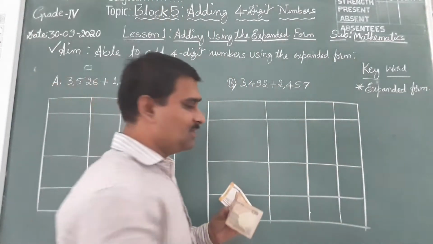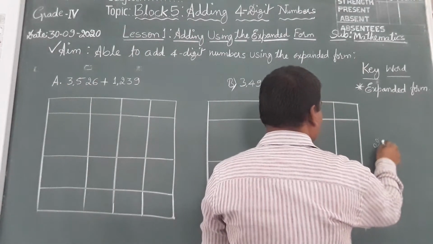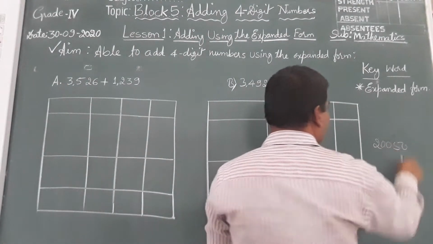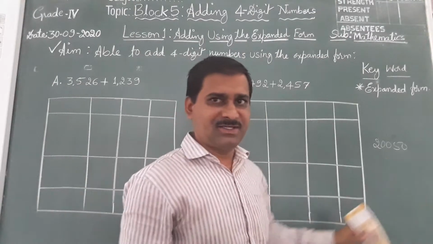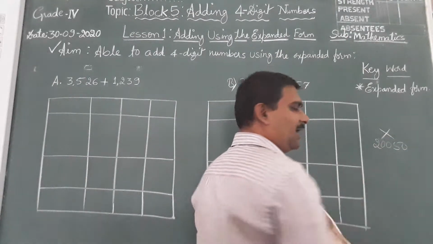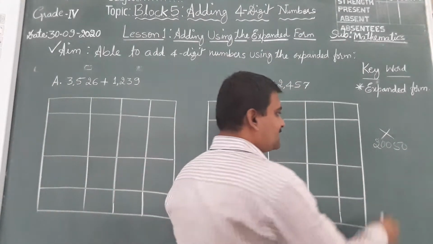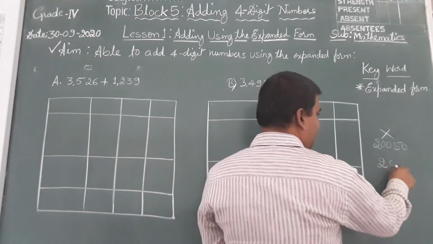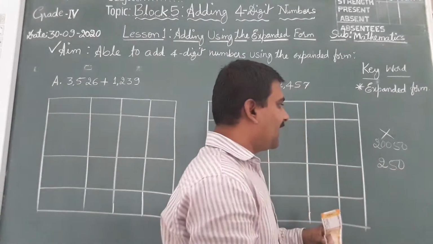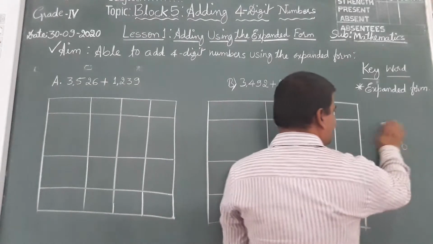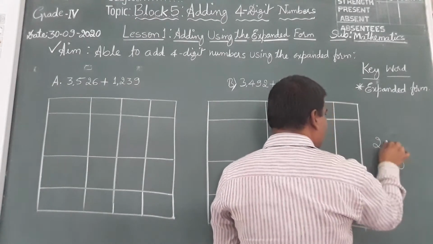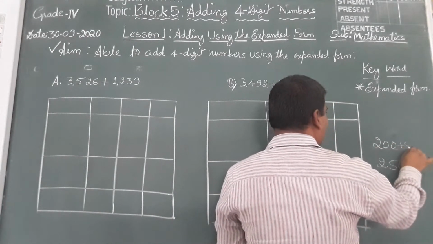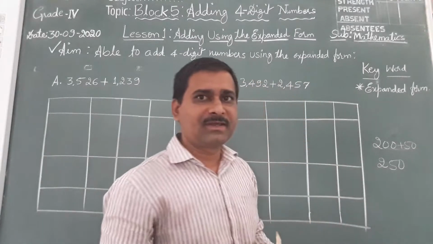You will not write it like this, no? You will write 250, because after adding, you will add 200 and you will add 50.